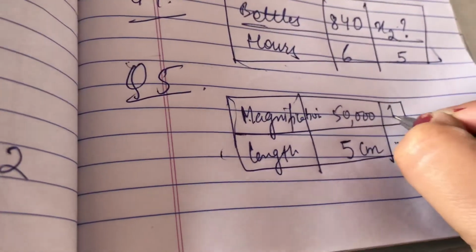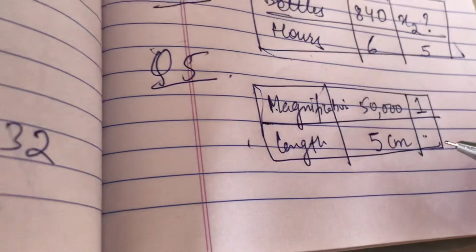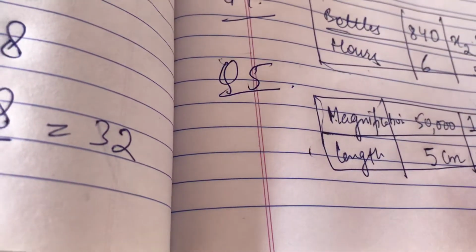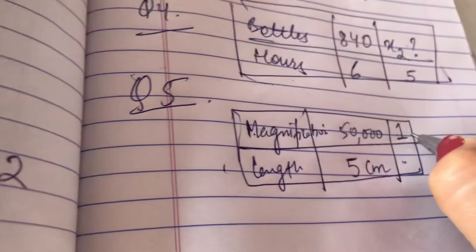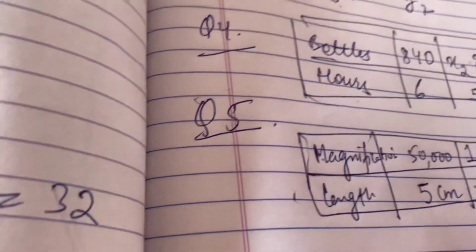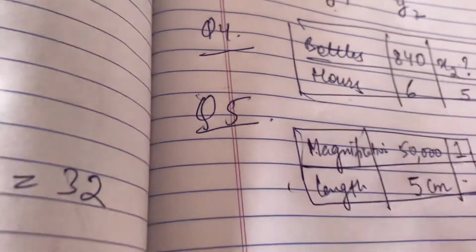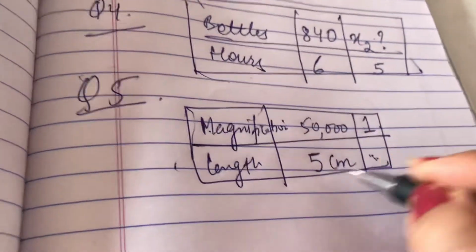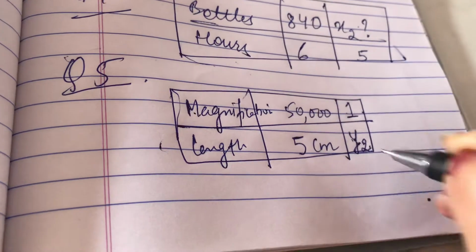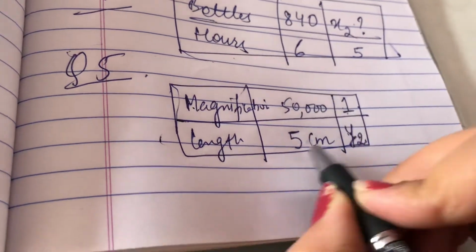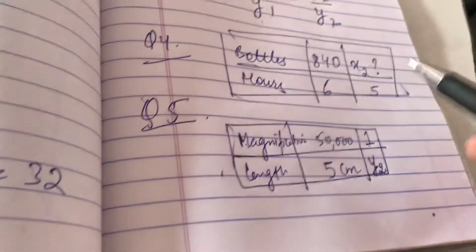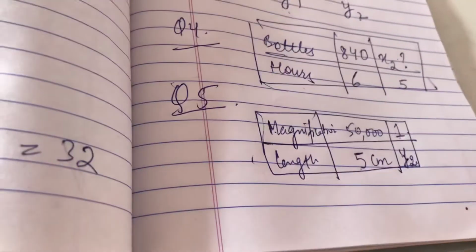So at that time, magnification should be 1. We can't take it as 0. Magnification cannot be taken as 0, it has to be taken as 1. If you are magnifying something one time, that means it is going to remain the same. So that will be the actual length. So what is missing here? y2 is missing. x1, x2, y1, y2. Again, use the proportional concept and find the missing value.